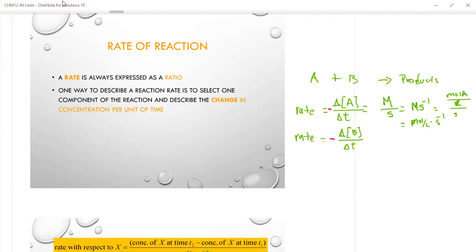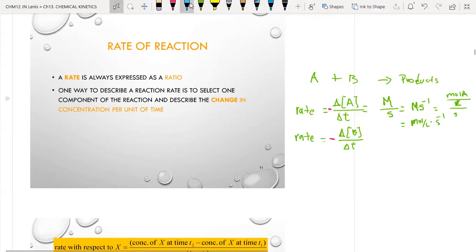So by convention, the rates are expressed only in terms of reactives. That doesn't mean we cannot measure the speed of formation of products, yes. But by convention, we want to express the speed of a particular reaction, the overall reaction, in terms of rates of reactives only.